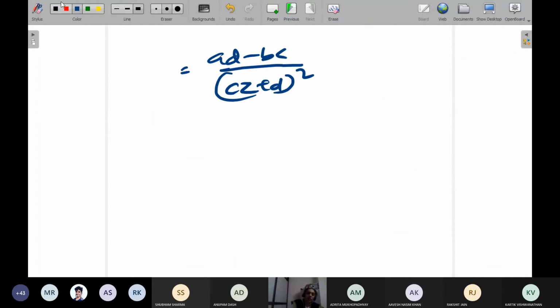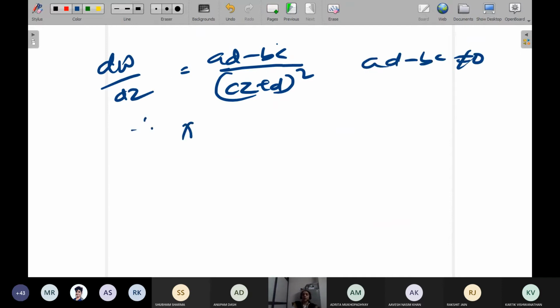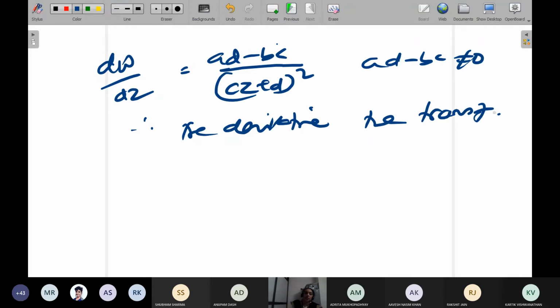I'll write it as dW by dz itself. You all know that AD minus BC is not equal to 0. Therefore, the derivative exists. Therefore, the transformation is conformal.